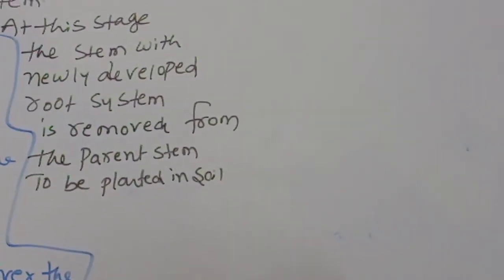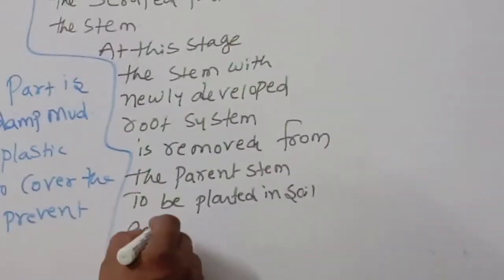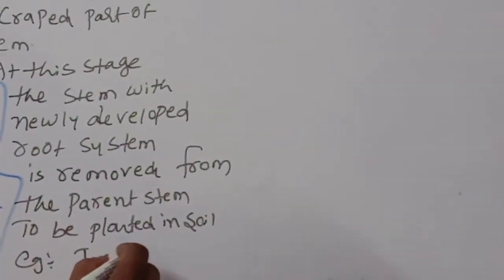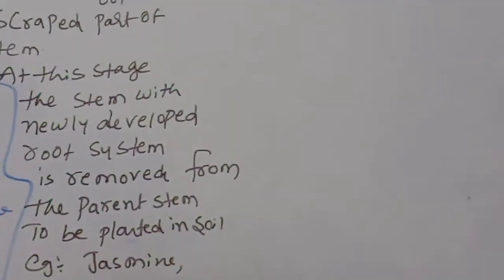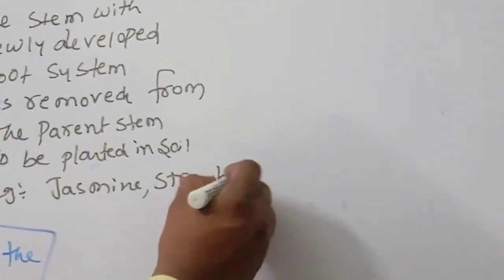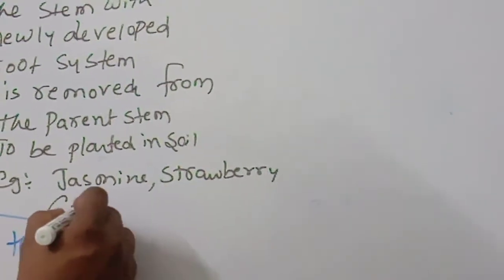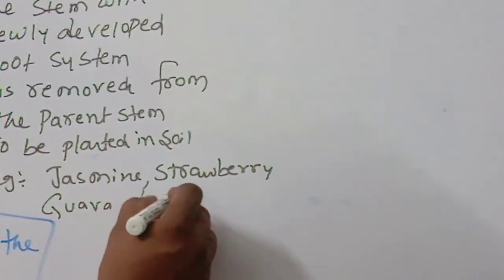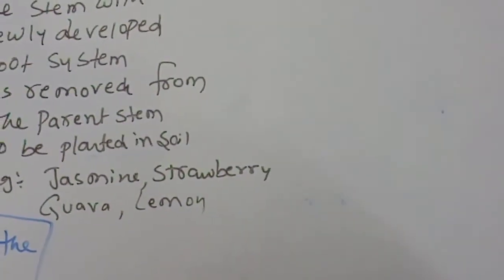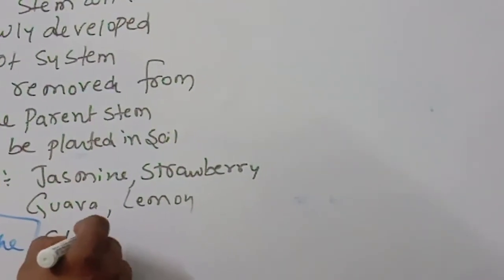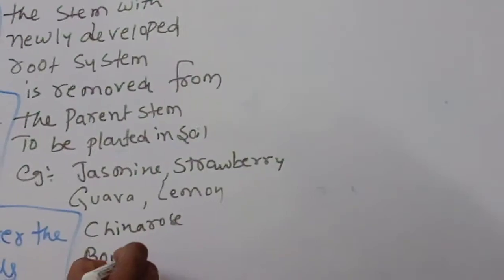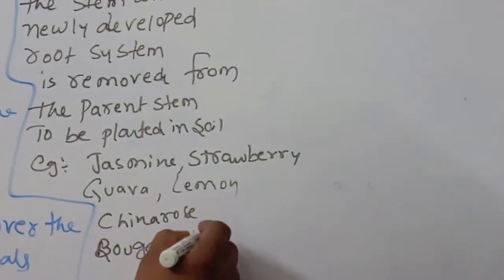Several plants are examples: jasmine, strawberry, guava, lemon, china rose, and bougainvillea.